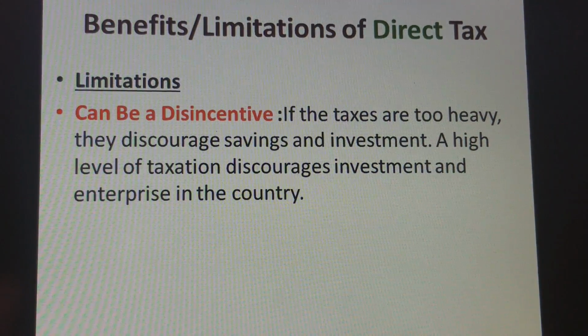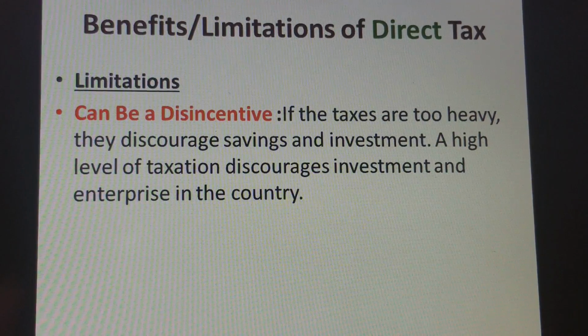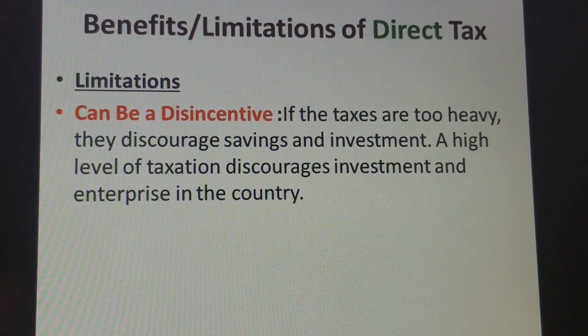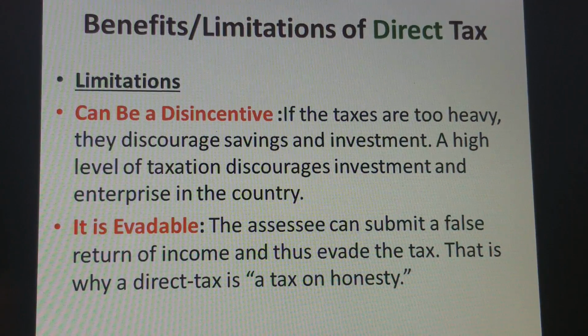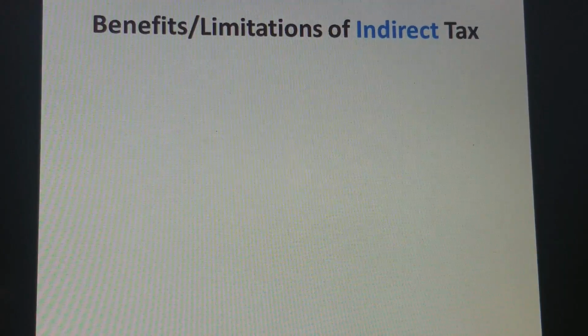So if you are taking too much, then people will not have enough to invest or to save. It is evadable, right? The assessee can submit a false return of income and thus evade the tax. That is why direct tax is called a tax of honesty, right?